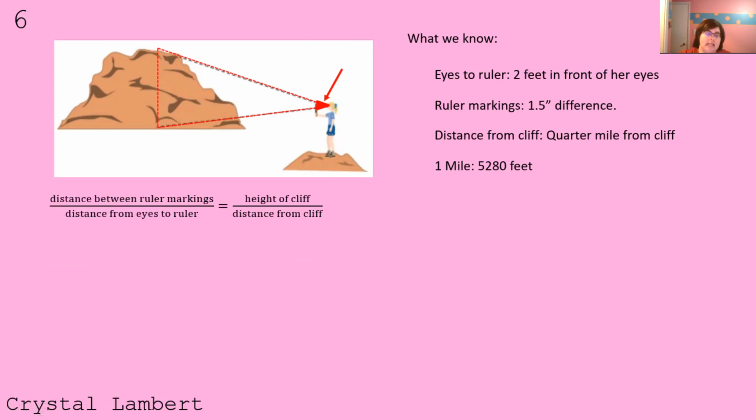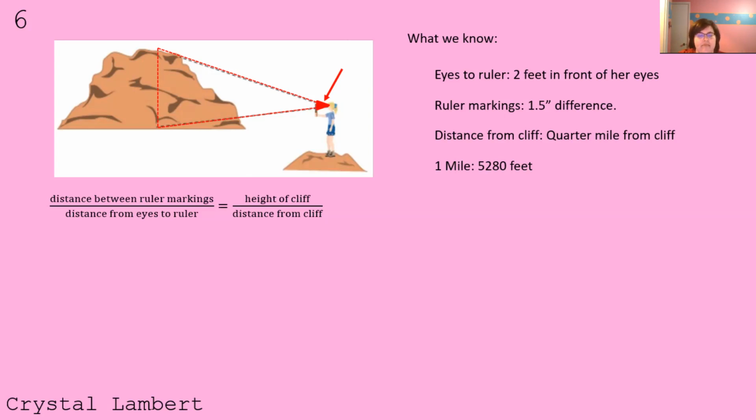So what is our formula? Our formula is the distance between the ruler markings divided by the distance from her eyes to the ruler, and that is equal to the height of the cliff divided by the distance from the cliff.